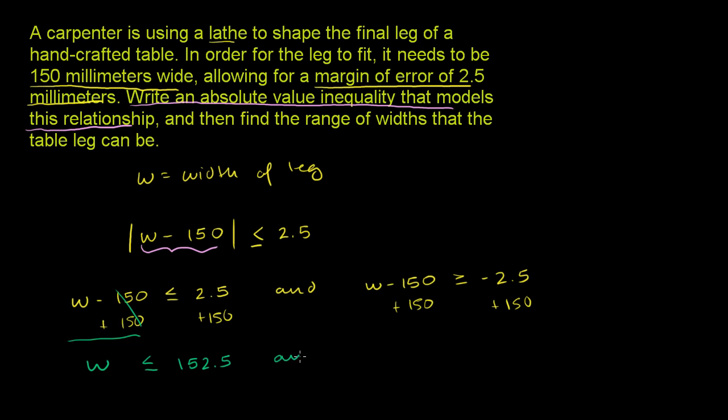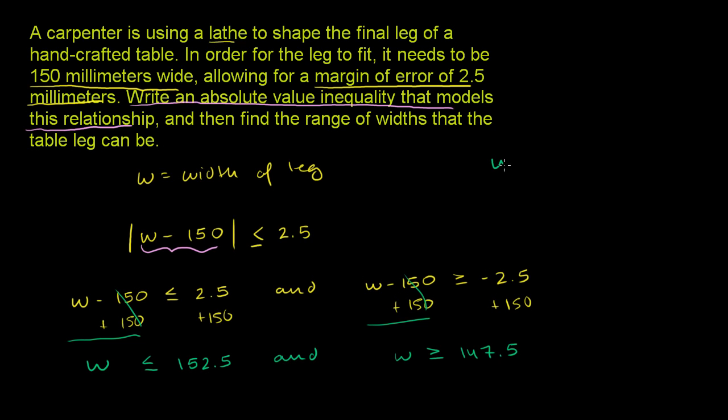And then we still have our "and." And on this side of the equation, this cancels out. We just have W is greater than or equal to negative 2.5 plus 150. That is 147.5. So the width of our leg has to be greater than 147.5 millimeters and less than 152.5 millimeters.